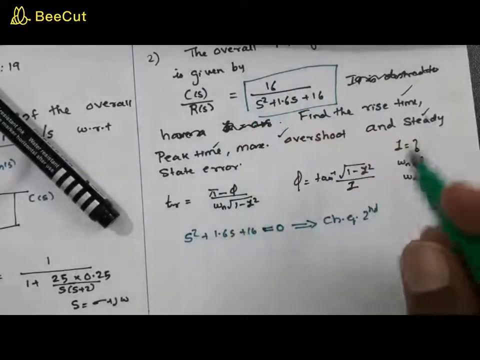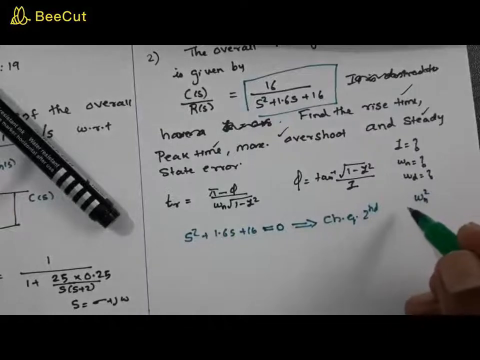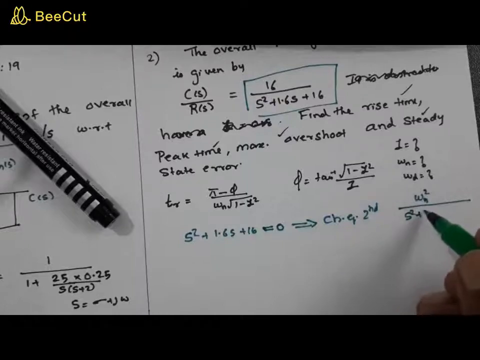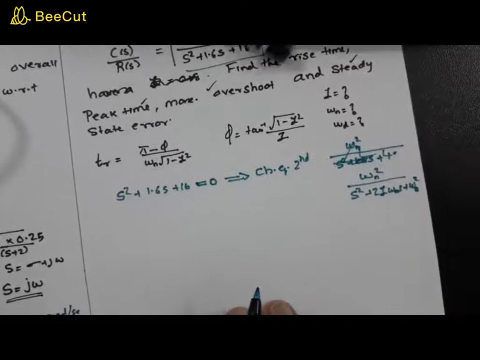Now, the general equation for the second order system, C of s to R of s, is omega n square by s square plus 2 theta omega n s plus omega n square, right?